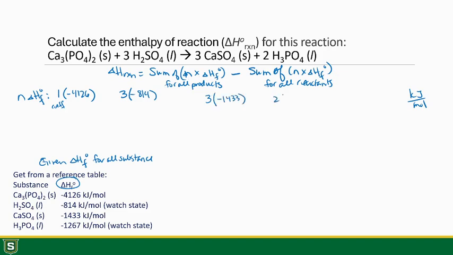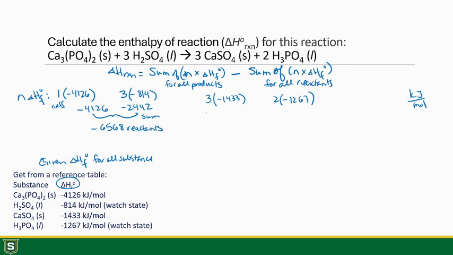And this would be 2 times -1267. So this would be -4126 and -2442. And if I sum them, I get -6568 is the sum of the reactants.